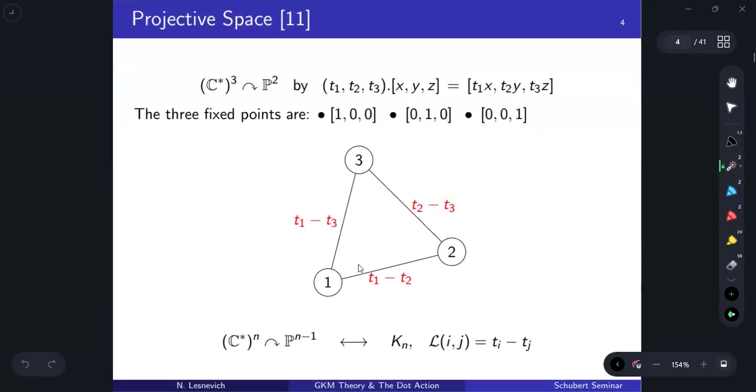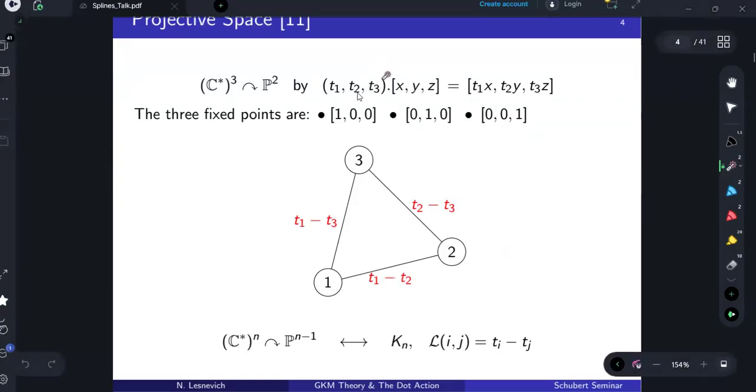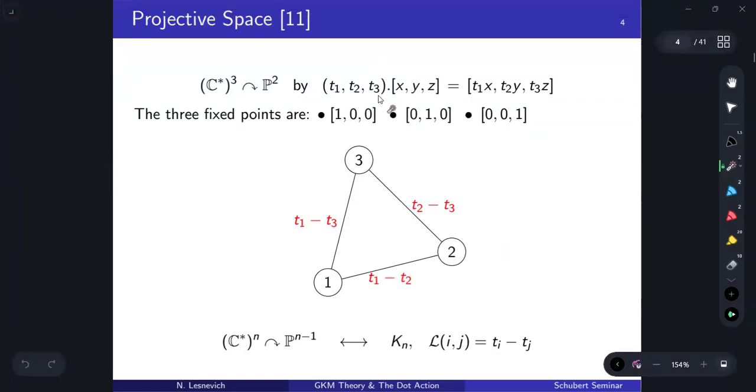Now, what does this look like for P^n in general, P2 specifically? We have C^(n+1) acting on P^n by coordinate-wise multiplication. So I have here T1 through T3 being the torus acting on P2 by this multiplication. We have three fixed points.